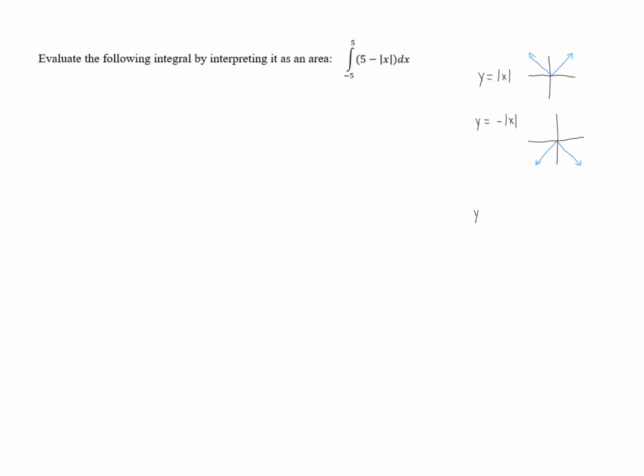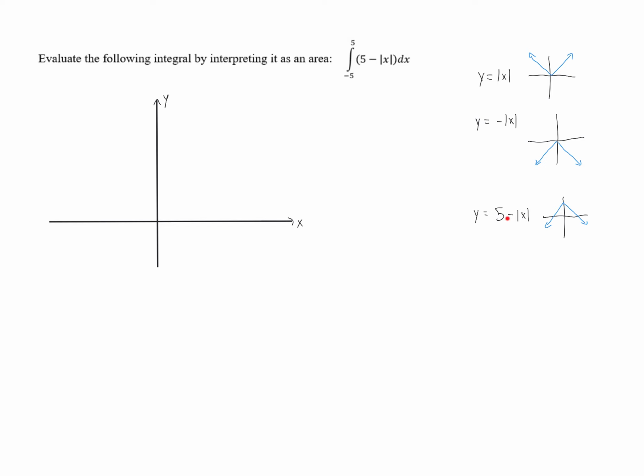And then if we add 5 to that, which is effectively what's happening when we're putting a 5 out front, that shifts everything up 5 units. And so that upside down V is going to be shifted up 5 units. I'm going to draw a nicer version of that for us. So here are our axes.